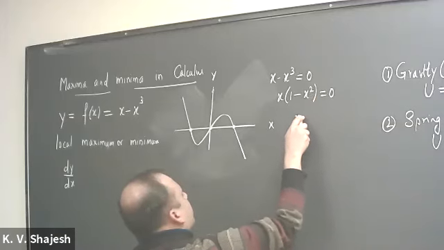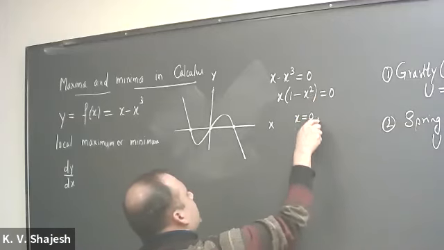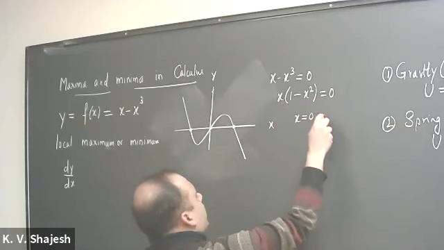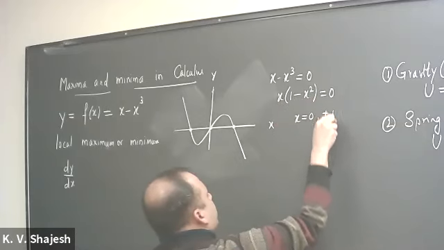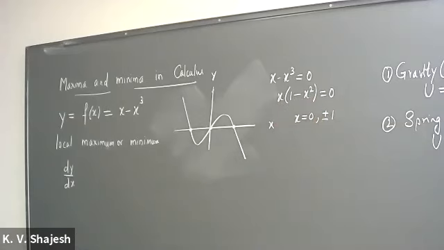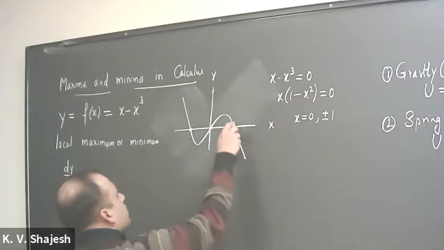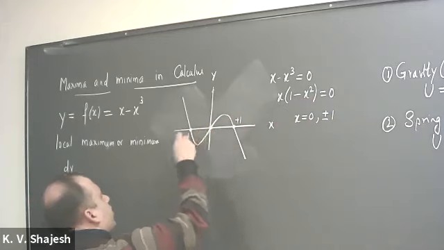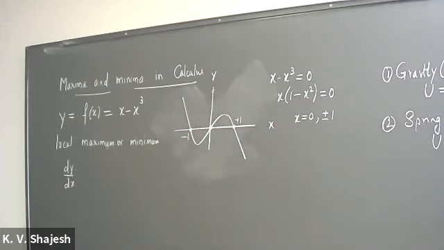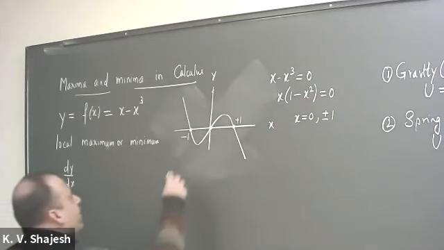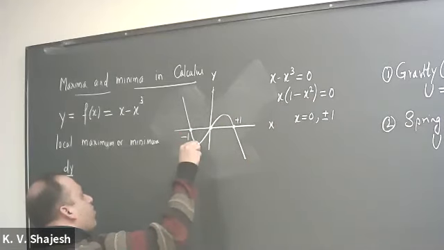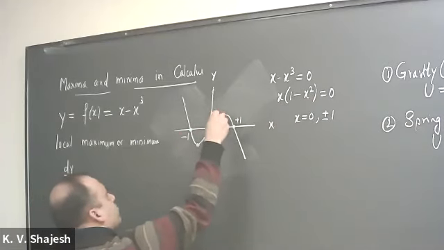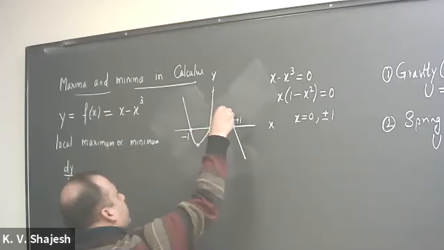That means either x is equal to 0 or x has to be equal to plus or minus 1. So there are 3 solutions. That's your plus 1, that's your minus 1, and that's your 0. Those are the 3 points where it goes to 0. But we are interested in these points where the slope is actually 0.